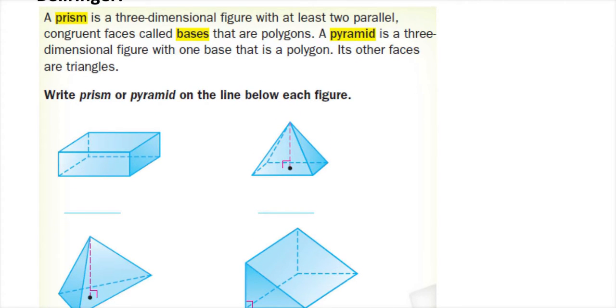All right, let's take a look. It says a prism is a three-dimensional figure with at least two parallel congruent faces called bases that are polygons. A pyramid is a three-dimensional figure with one base that is a polygon. Its other faces are triangles. Write prism or pyramid on the line below each figure. All right, so the first one, this would be a prism.